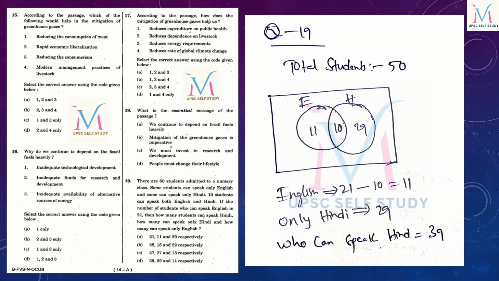Some students can speak only English and some speak only Hindi. 10 students speak both Hindi and English. If the number of students who can speak English is 21, then how many students can speak Hindi? How many can speak only Hindi, and how many can speak only English?